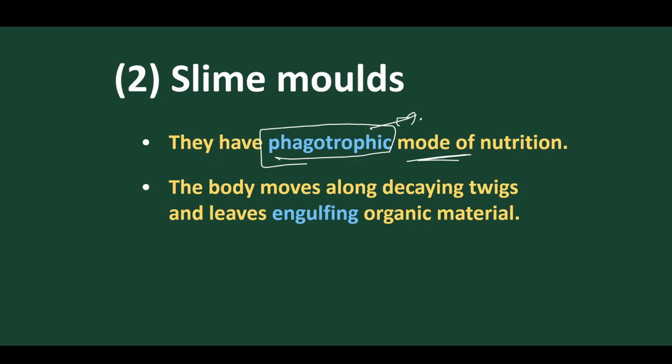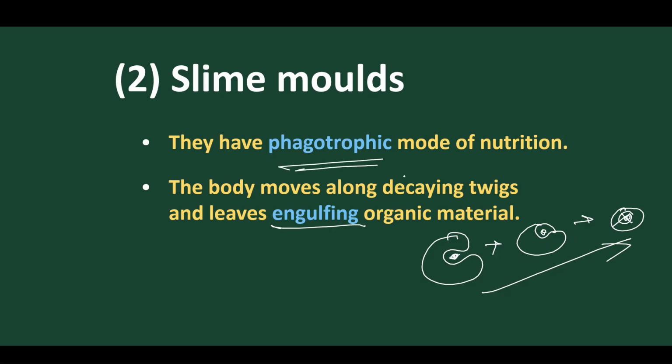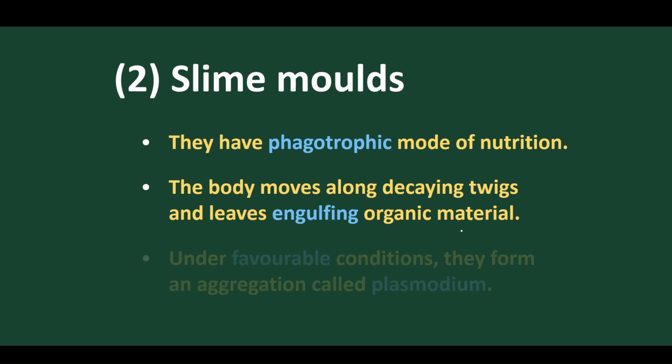The intake of solid food is called phagocytic nature. Suppose this is the body; they engulf the food materials, take them in, and dissolve them. This type of engulfing is called phagotropic nutrition or cell eating, meaning they take solid food directly into the body.